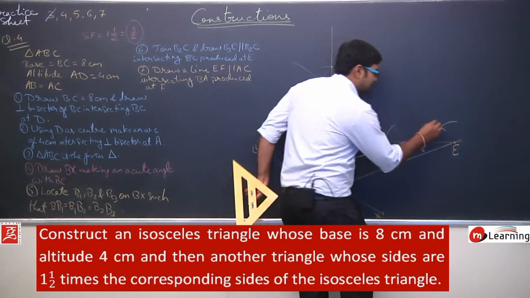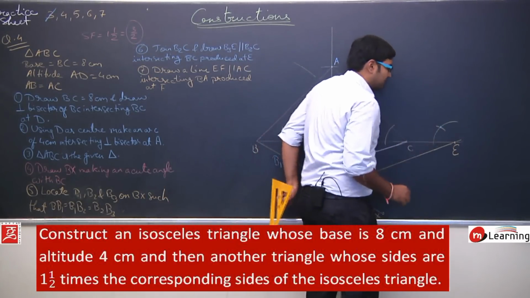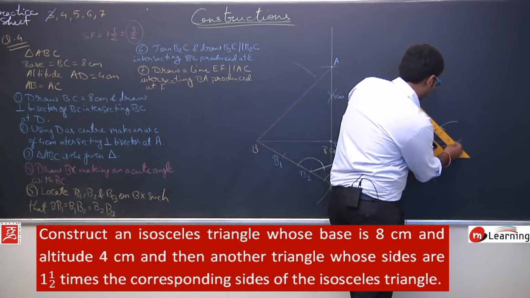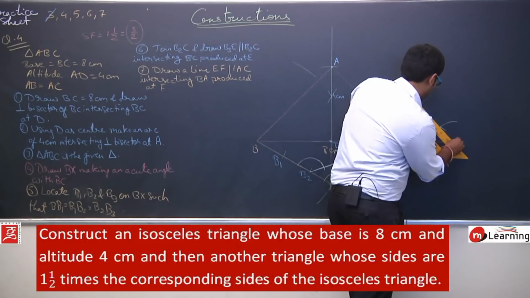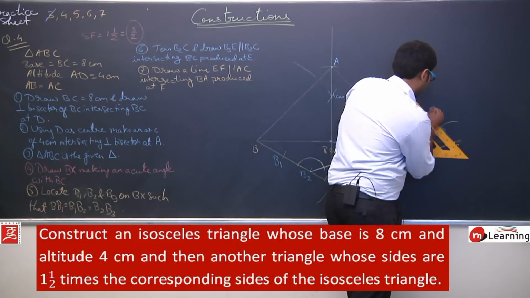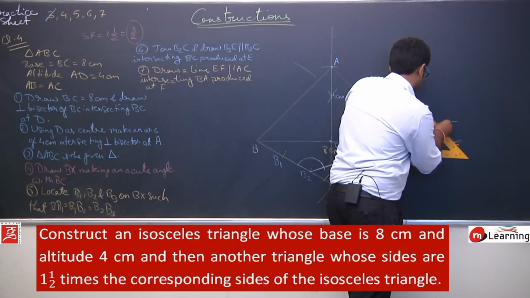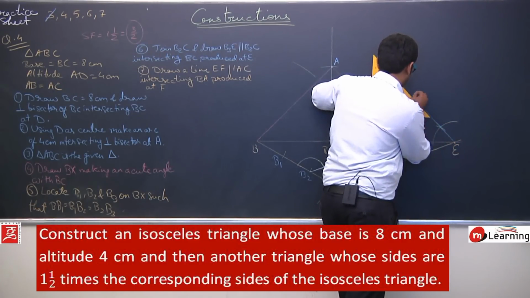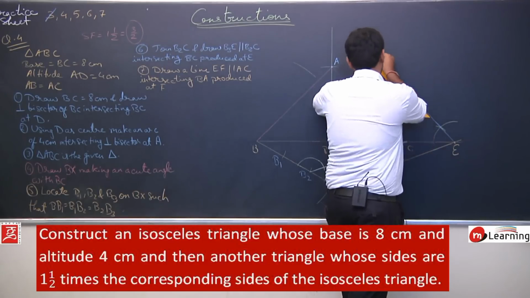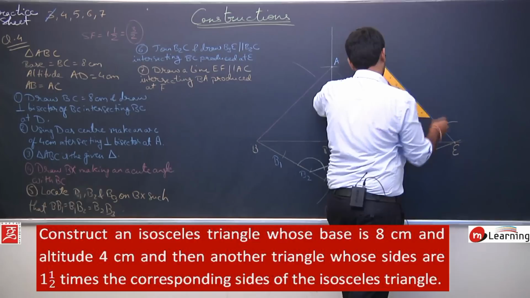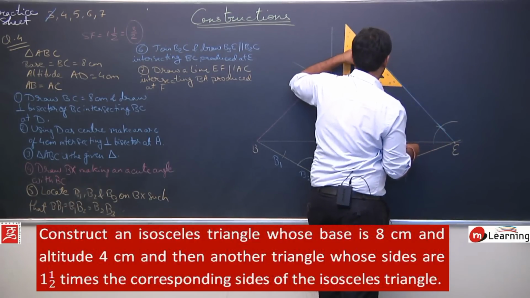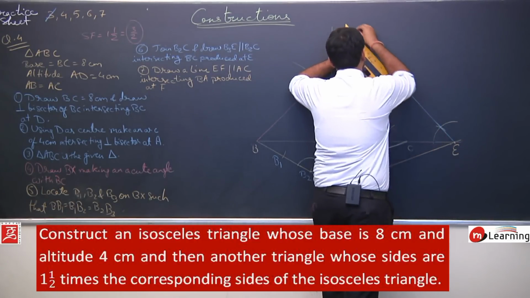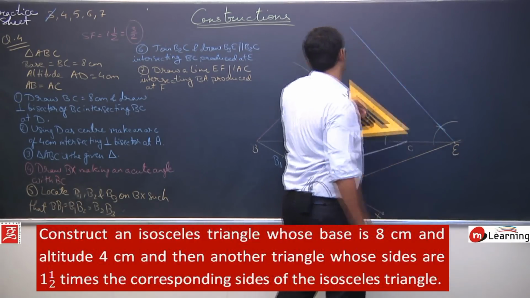this arc is intersecting, these two arcs are intersecting, using this E point and this point, draw a line like this. You can see this is the line. Like this, and I will extend it like this.